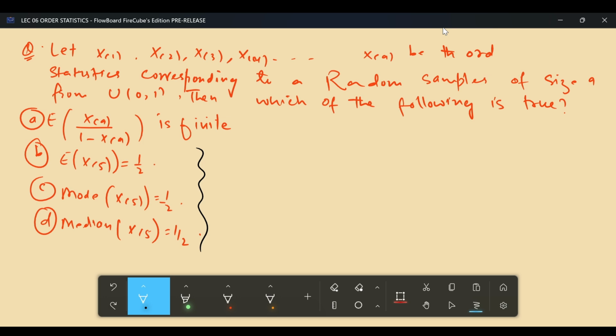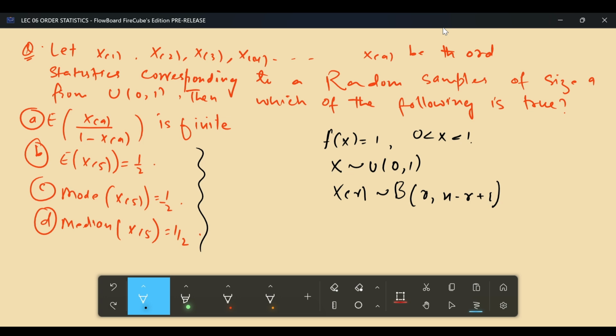Now, talking about the uniform distribution, f of x is equal to 1 when x is between 0 and 1, and as you know, X follows uniform (0, 1). Then Xr will follow beta(r, n minus r plus 1). So X1 will follow beta: r is 1, n is 9, so 9 minus 1 plus 1, that is beta(1, 9).